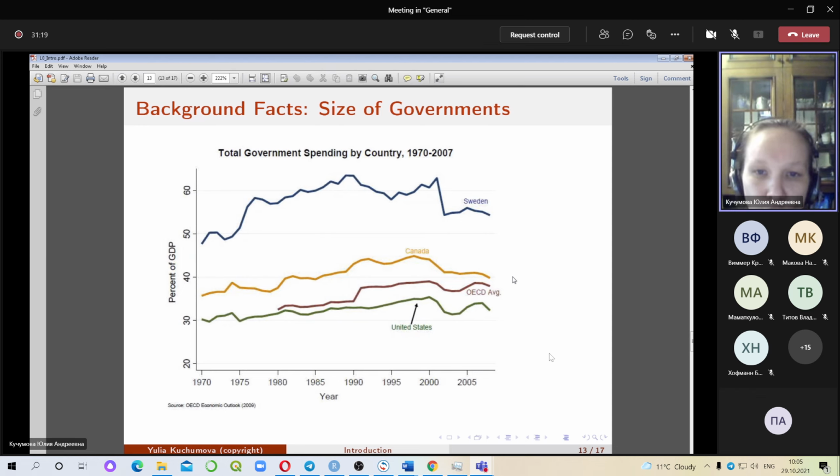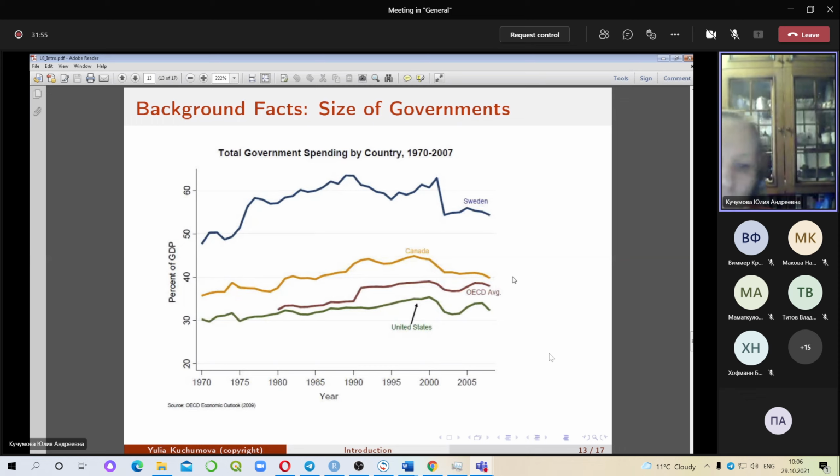As you might know, Sweden is one of the Nordic countries where the role of the government in the economy is quite high, and this is what we see in this graph. Government spending as a percent of GDP is something like 50-60%, so quite a lot.